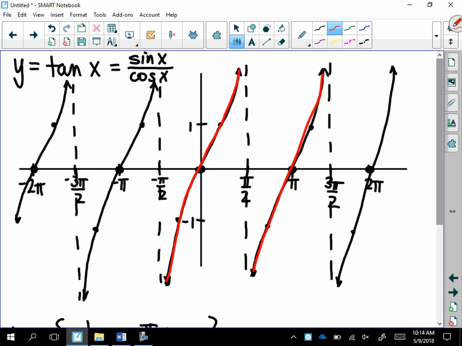Pi. Okay. Next one goes from pi/2 to 3 pi/2. That length is pi. So its period is pi. Whereas for sine and cosecant and secant, the period is 2 pi. For tangent and for cotangent, the period is only pi. And actually, to find the period, we're going to say pi over b as opposed to 2 pi over b. Okay?